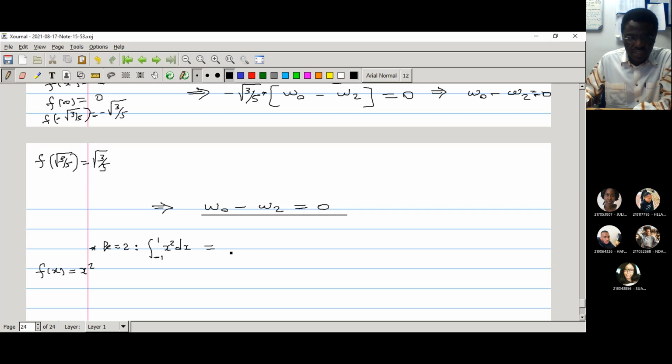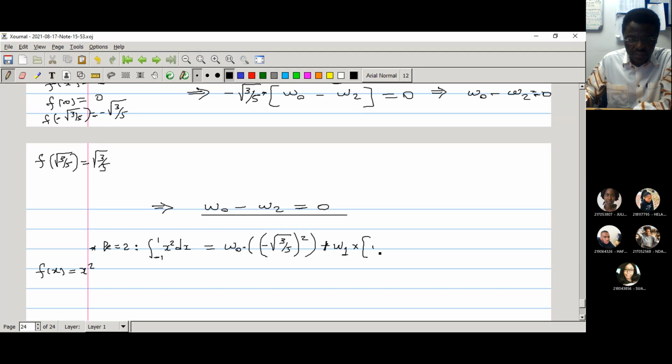So now here we have W0 times f of negative square root of 3 by 5, I square that, plus W1 times f of 0.